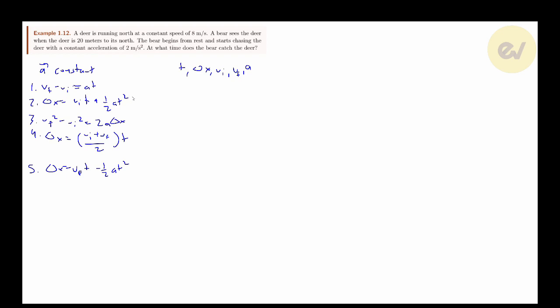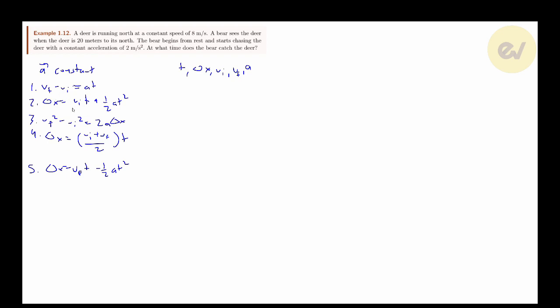I'm listing these in a different order, but the first equation states that the final velocity of an object minus its initial velocity, so the change in velocity, is equal to acceleration times time. And this is basically straight from the definition of acceleration: change in velocity over change in time.